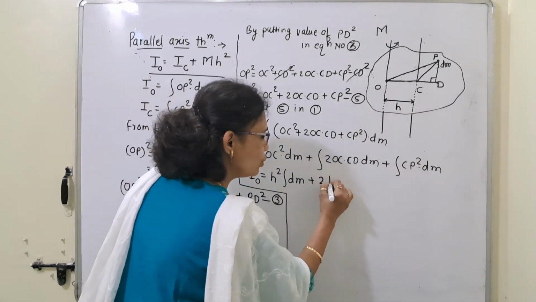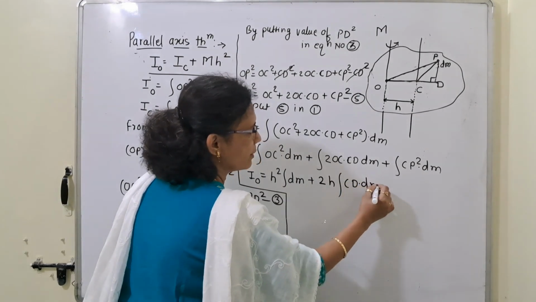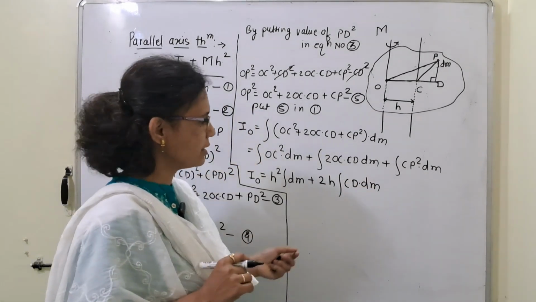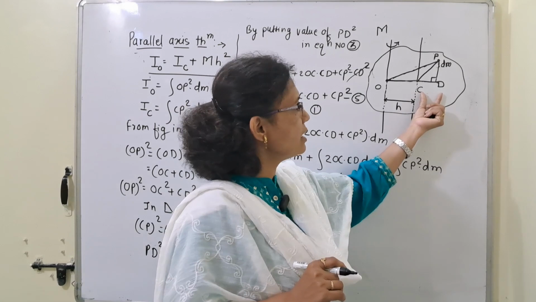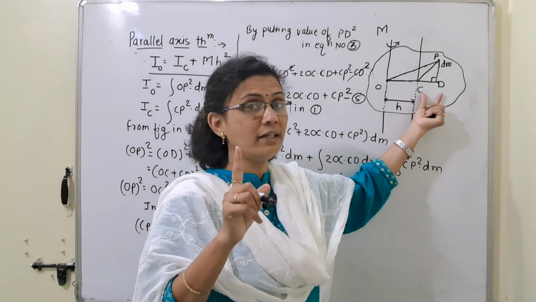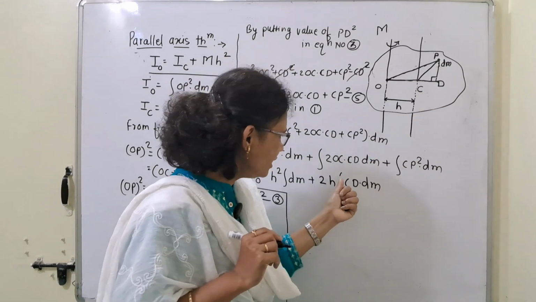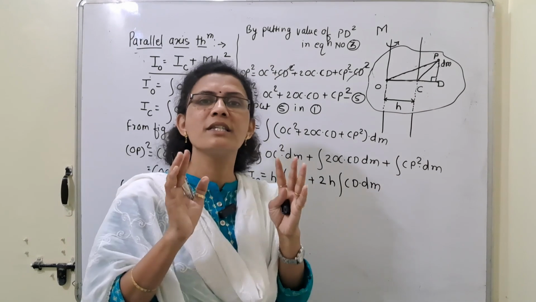So I can write 2h, but for this integration of CD dm, if you think about it, CD is what? CD is the distance from the center of mass. And by the definition of center of mass, it is clear that integration of CD dm will be 0.